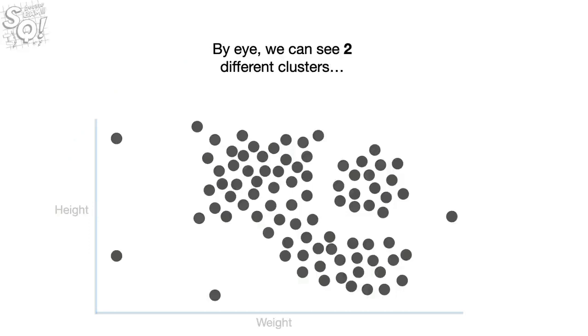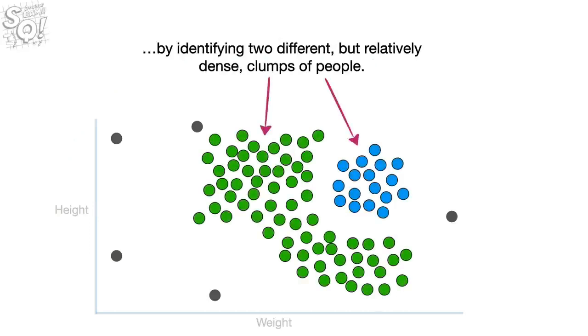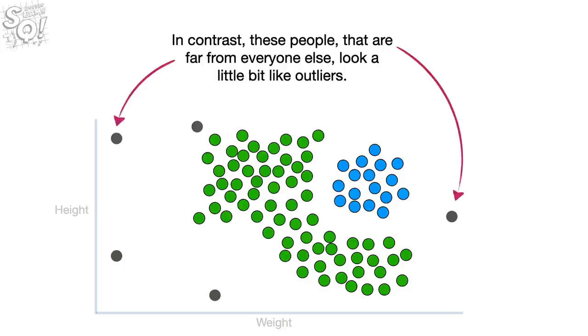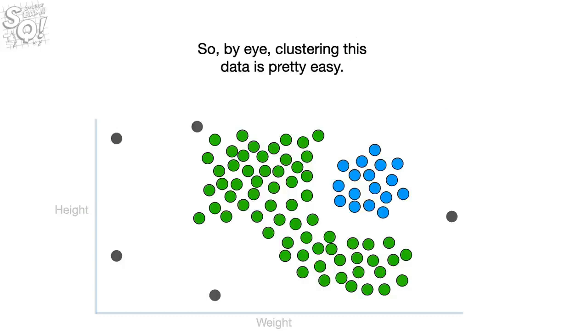By eye, we can see two different clusters, by identifying two different, but relatively dense, clumps of people. In contrast, these people that are far from everyone else look a little bit like outliers. So, by eye, clustering this data is pretty easy.